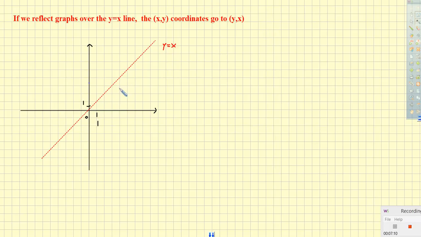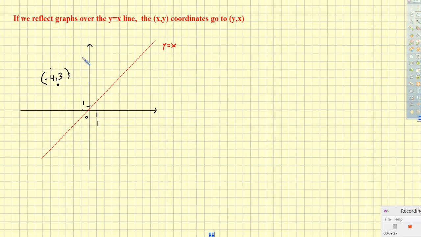Now, I'm just going to briefly take a point, rather than plugging in an entire equation or an entire function. So I could take, for example, the point negative 4, 3.